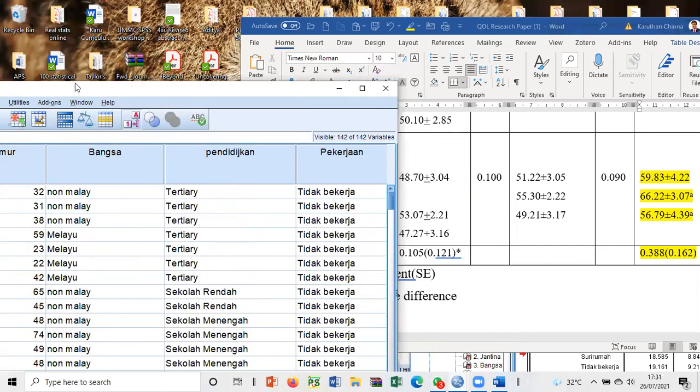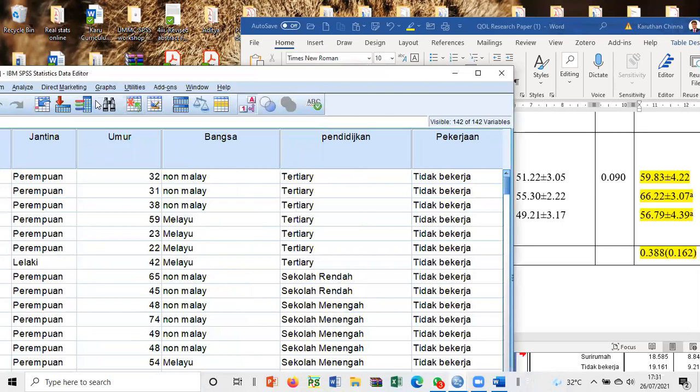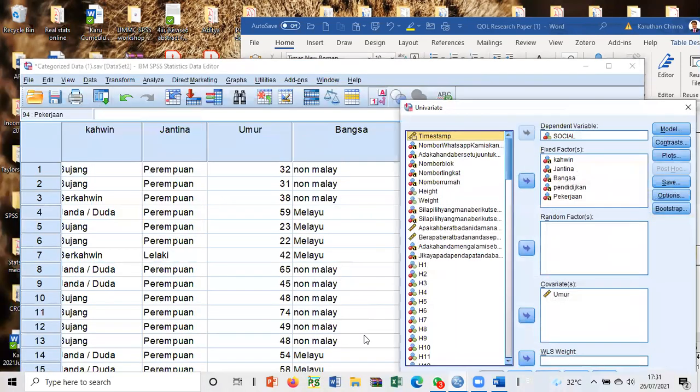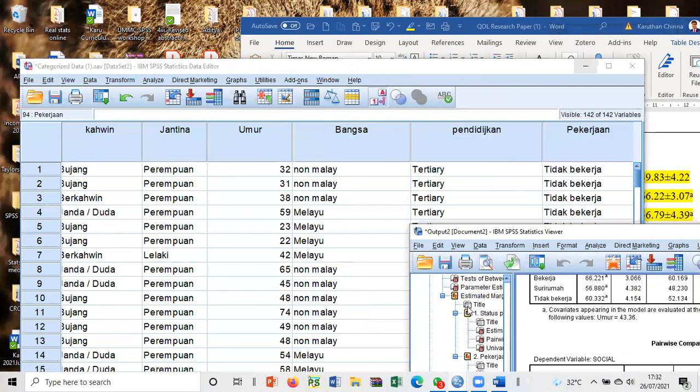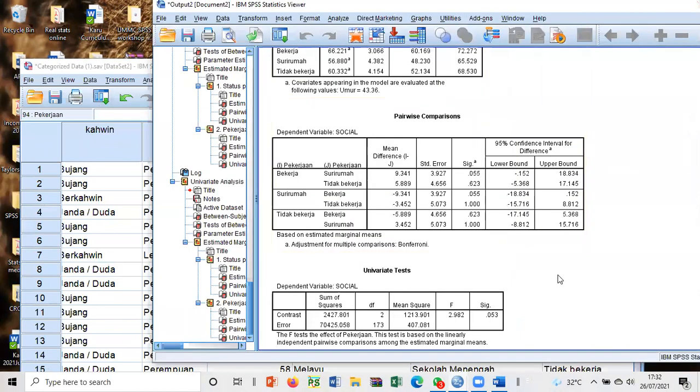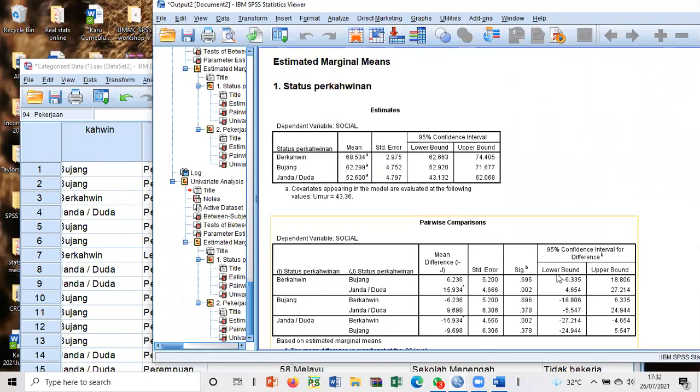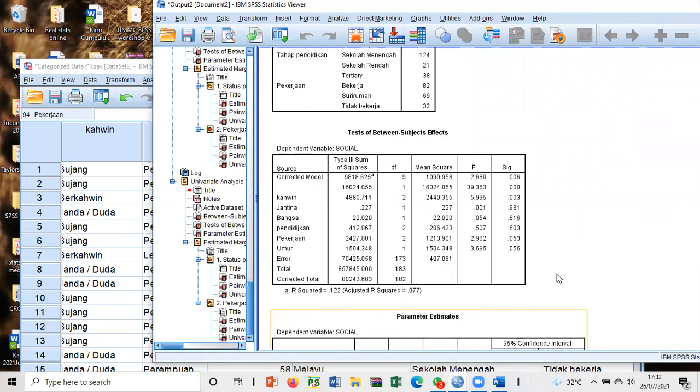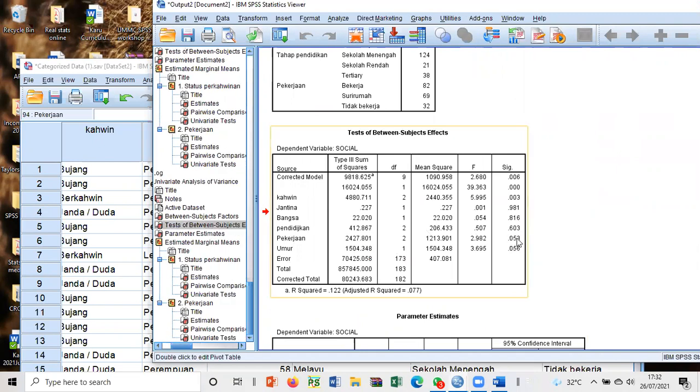Okay, let me check now. Pekerjaan now is no more significant.